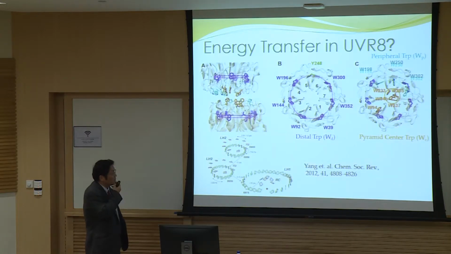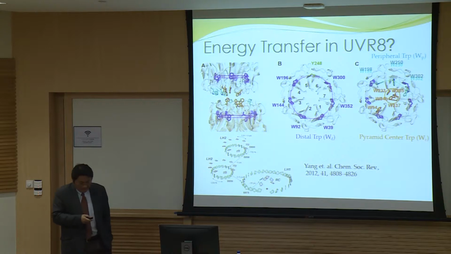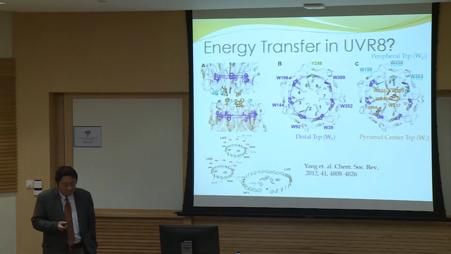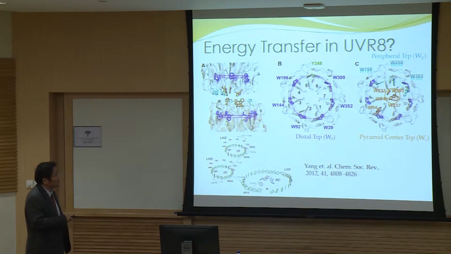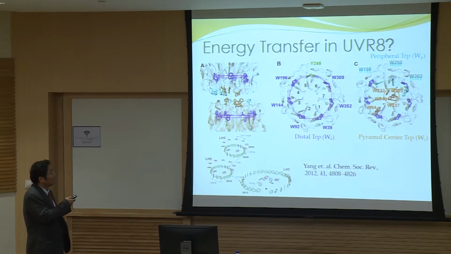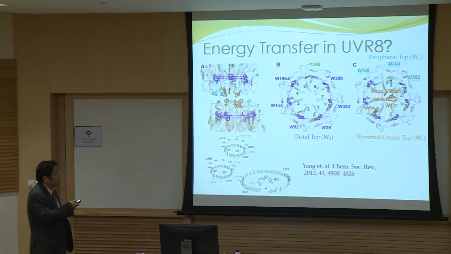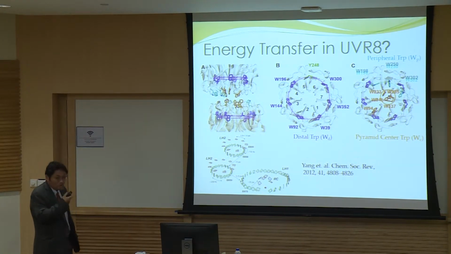So let's go back to the molecular structure and see what's going on with UV absorption and how it dissociates to the monomer. For the first step, if you look at this structure, you can see this is a dimer. Each monomer has 14 tryptophans.